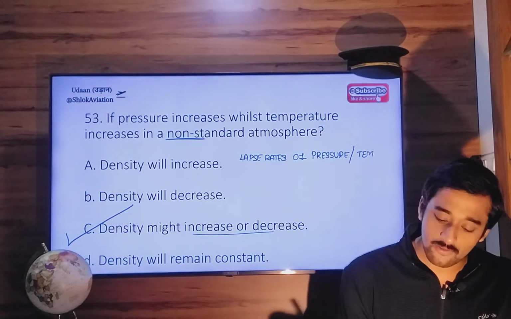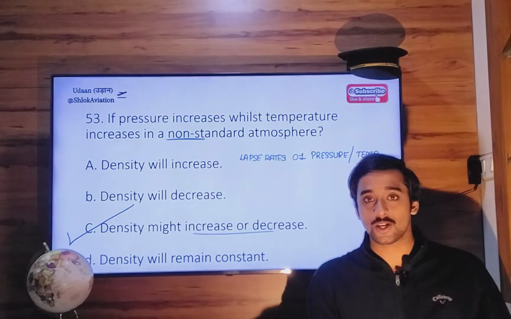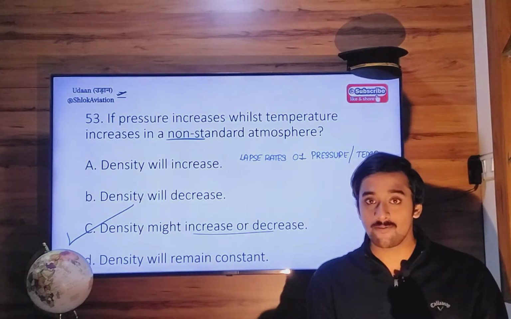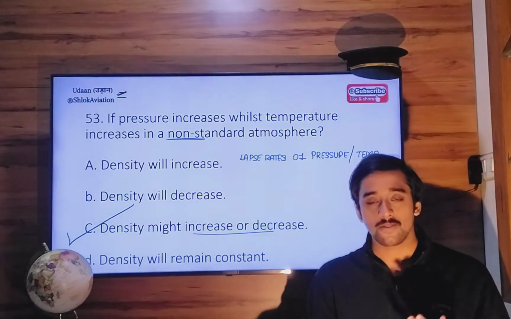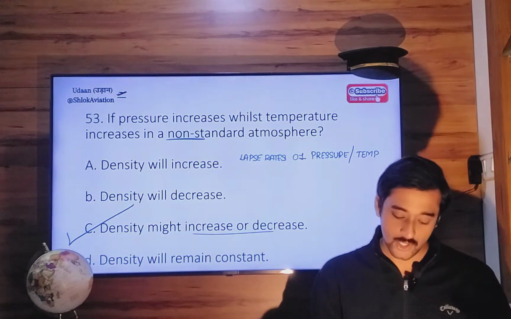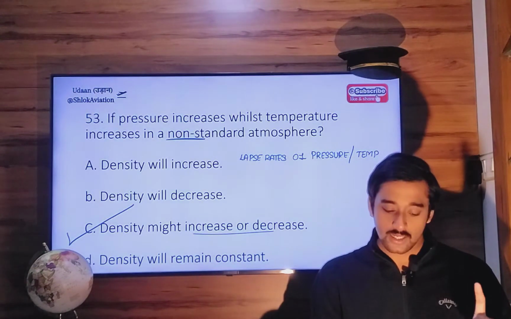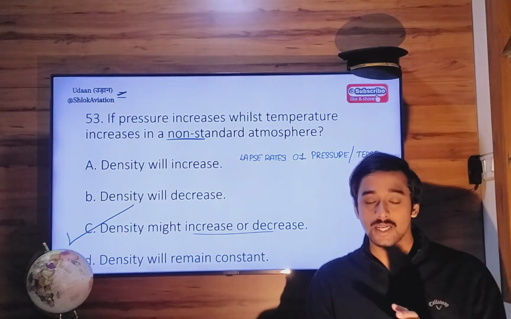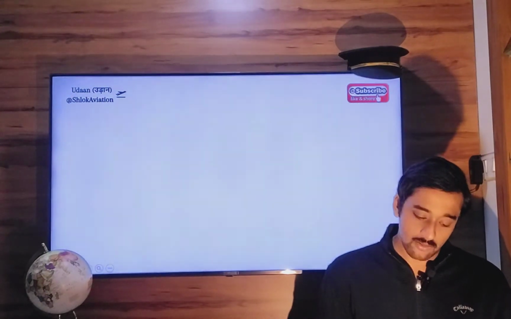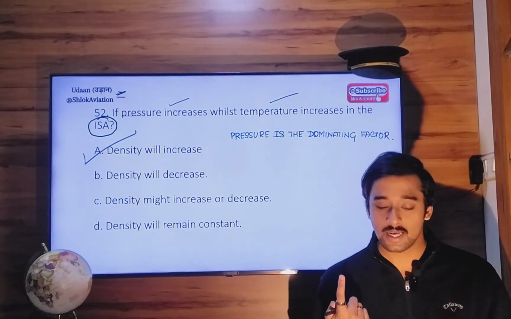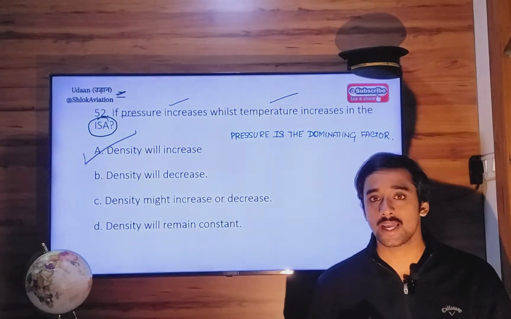Now, if the lapse rate of temperature is more than the lapse rate of pressure, temperature will be the controlling factor. If pressure lapse rate is more than temperature lapse rate, pressure will be the controlling factor. So density might increase or decrease, but we cannot say it with certainty in case of non-standard atmosphere. In ISA atmosphere, yes, density will definitely increase because pressure is the dominating factor.